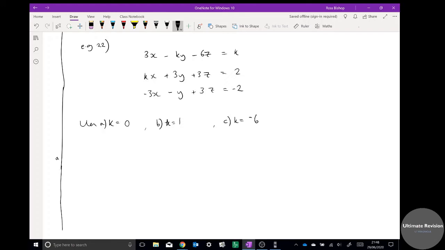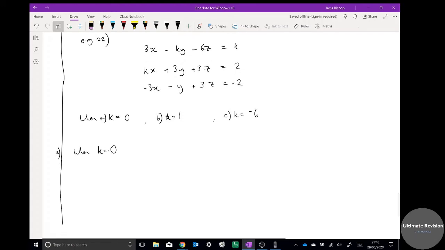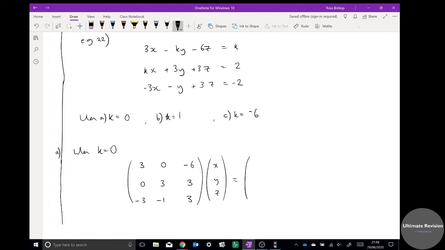Now we'll start with when k equals 0. So what if k equals 0? My set of systems is going to be the matrix with rows 3, 0, minus 6, and so on, times x, y, z, equals 0, minus 2.